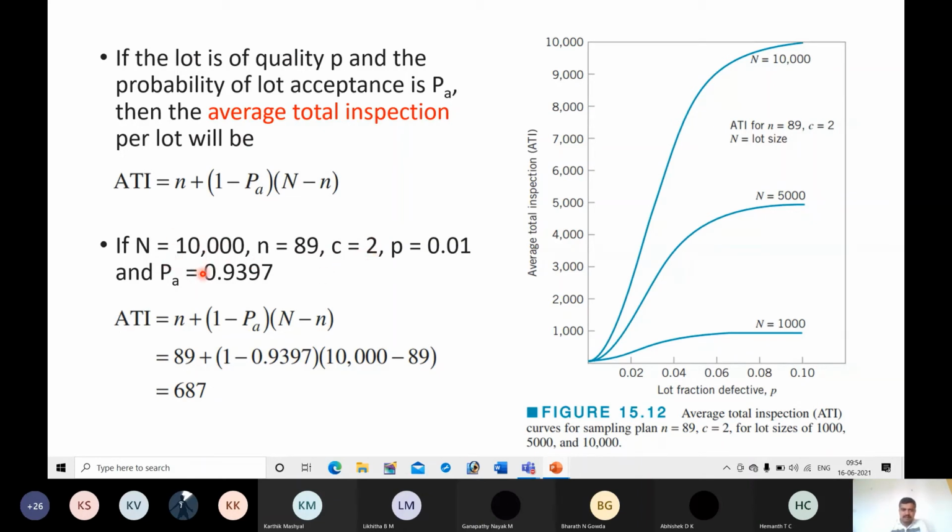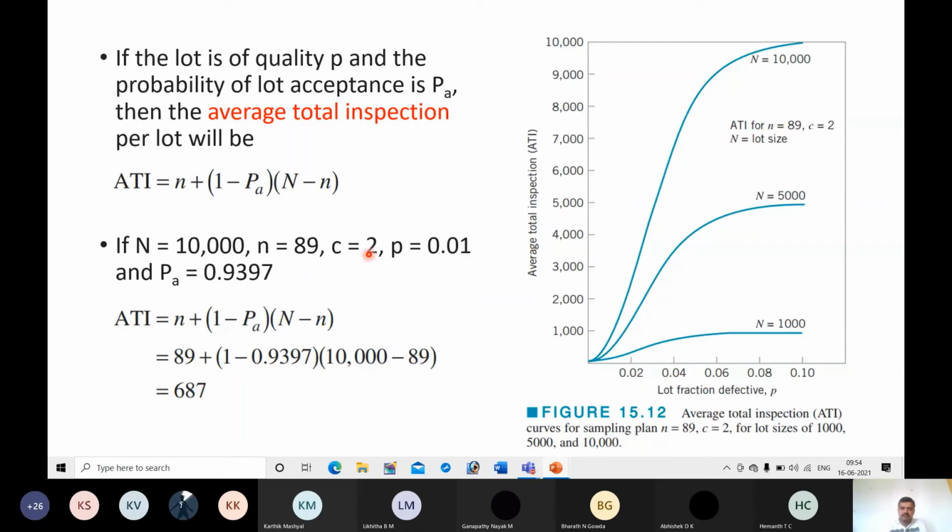If the number of defectives out of 89 is more than 2, you will reject the lot. Here you are considering only samples collected at once. You are going to collect 89 samples out of 10,000 units only once, and at any cost you are making a decision whether to accept or reject the lot.